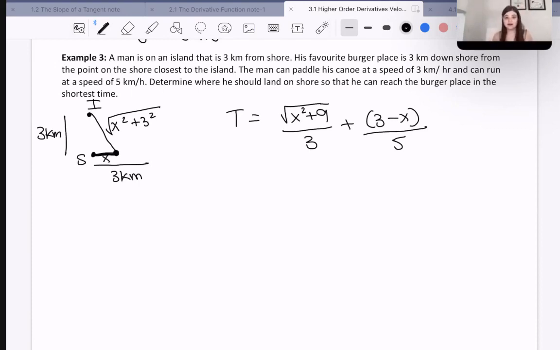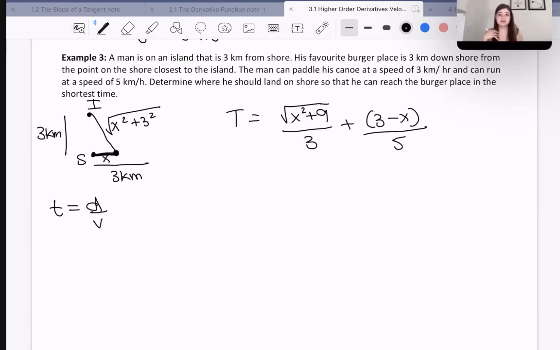So to find the time, we need to divide, right? Recall that time is equal to distance over velocity, because velocity is distance over time. The square root of x squared plus 9 is the distance, and the velocity is 3 kilometers per hour. So that's how we came up with that.